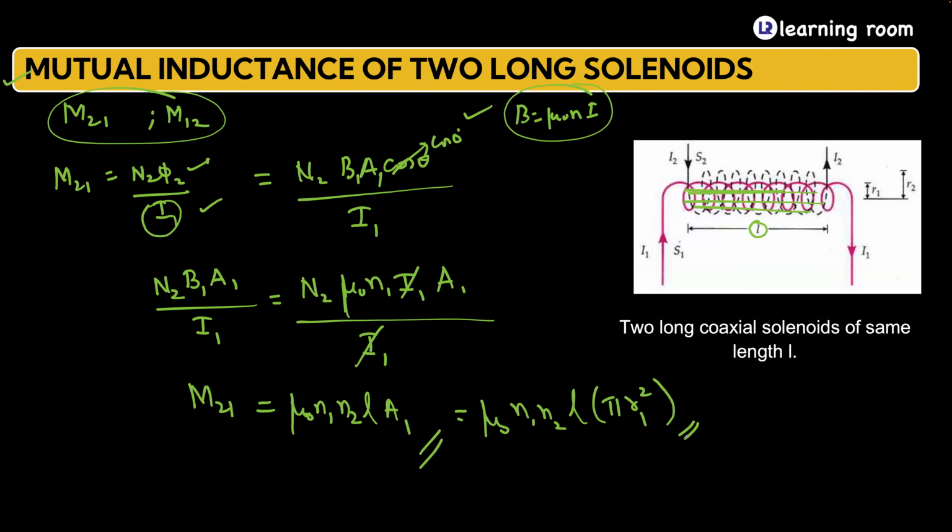I told you in the beginning that you're taking both the solenoids to be of the same length, L. One is capital N2, one is small n1. N1 is capital N1 divided by L. The L in the denominator of L square cancels with the L, so it will be the same however you do it.